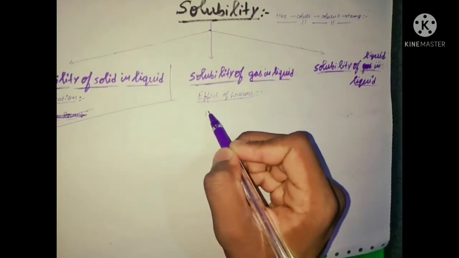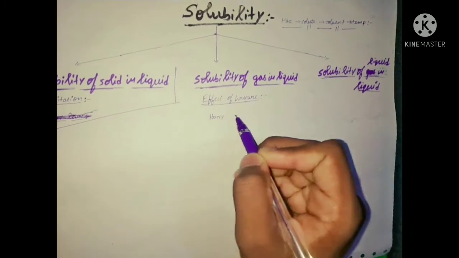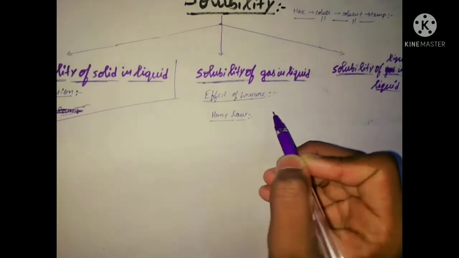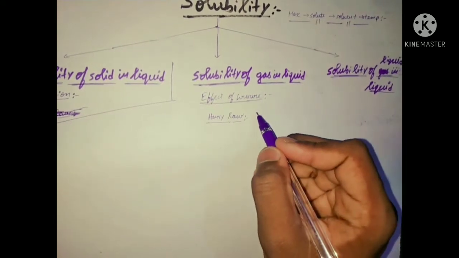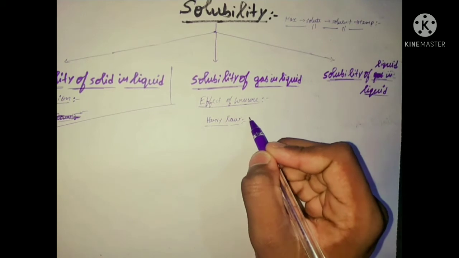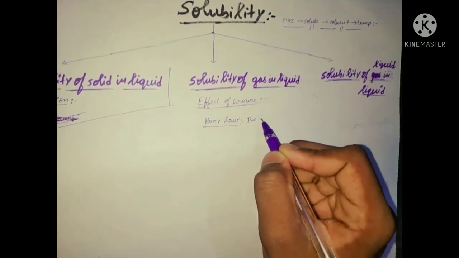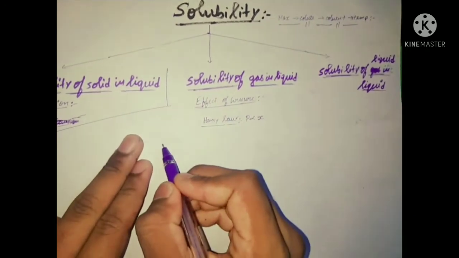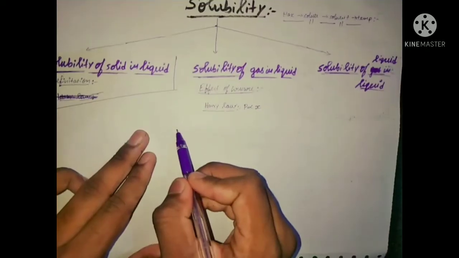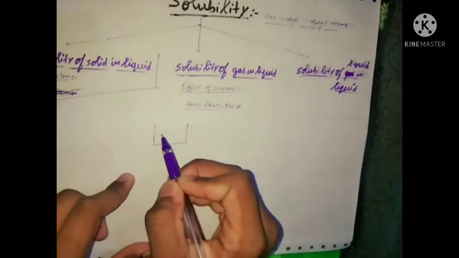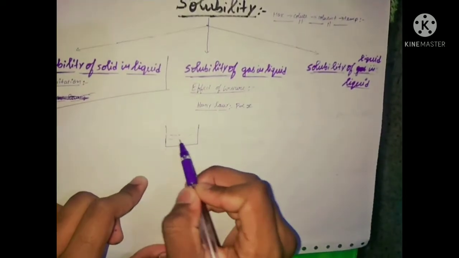In this, we can learn Henry's law. Henry's law is nothing but: at a constant temperature, the partial pressure of each component in a solution is directly proportional to the mole fraction of the gas in the solution. If we take a solution, it contains a number of particles.